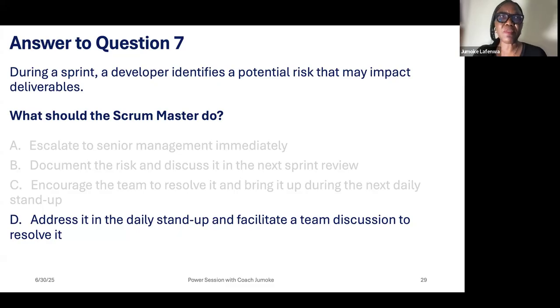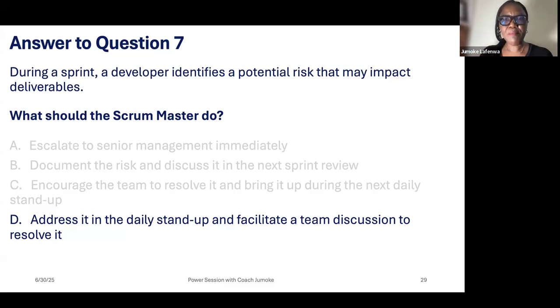So potential means it's a likely risk that may occur. So he has said it. If there's anyone among the team that can help, for you to say you can resolve it, it means maybe you have experience, you have analyzed it, but it doesn't mean you solve it there. The daily stand-up meeting is 15 minutes, and there is no Scrum meeting that says you can go beyond the 15 minutes.